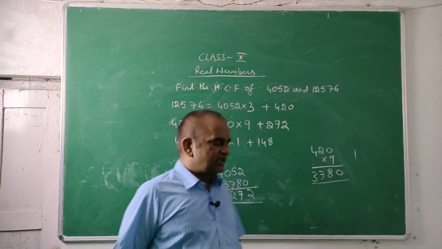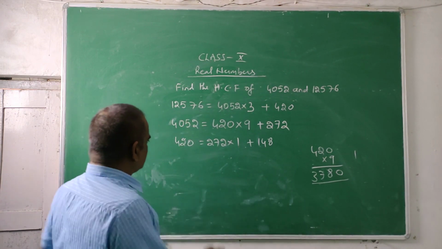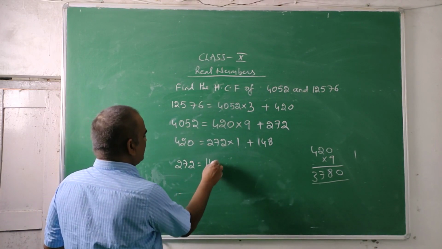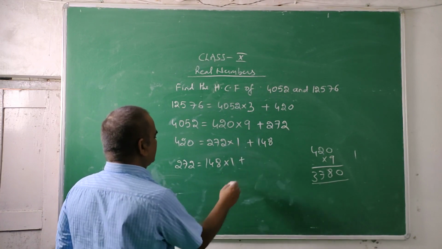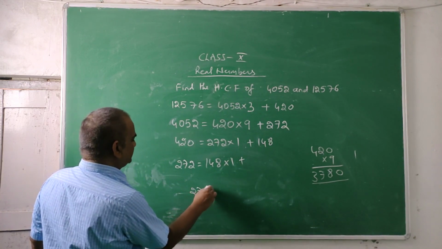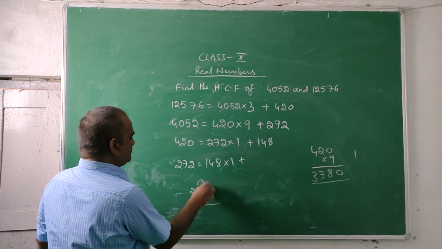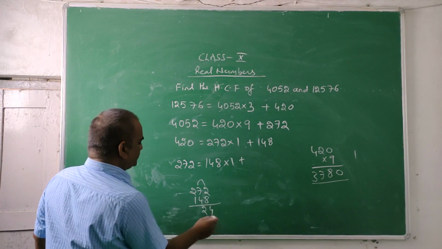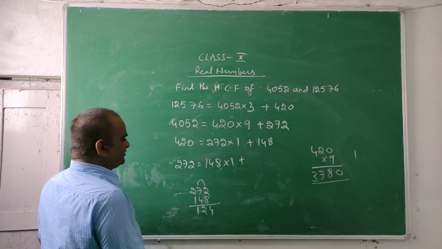Are you following? So now 272 is equal to 148 into 1 plus. Now from 272 subtract 148. So now 12 minus 8, 4, 6 minus 4, 2, 2 minus 1, 1. 124.